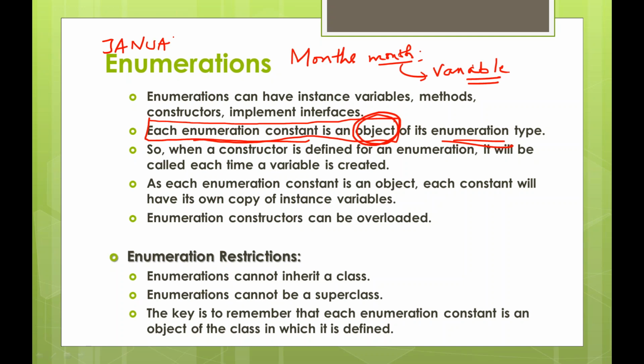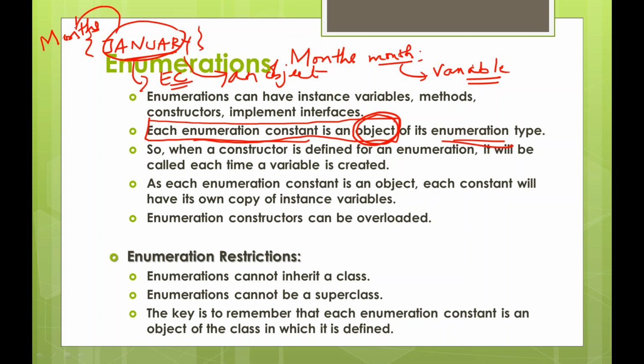Here within our months, this is one enumeration constant. This is an object itself.